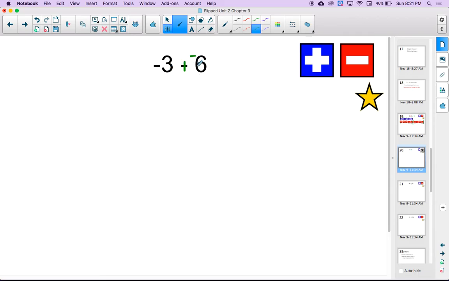Negative 3 minus 6 is the same thing as negative 3 plus negative 6. They mean the exact same thing. So 3 negatives plus 6 more negatives, they have the same sign. So I'm going to add my numbers together, and I know they're going to stay negative. 3 negatives plus 6 more negatives gets me a total of 9 negatives.